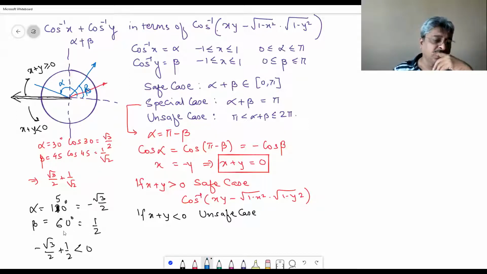Then of course you know that you will be at 330 degree, right? So you will be here, this is your alpha dash, this is actually your alpha plus beta, that is what you want, alpha plus beta.